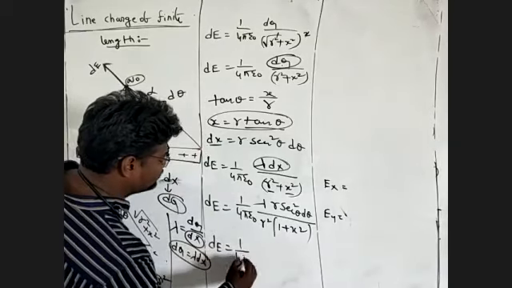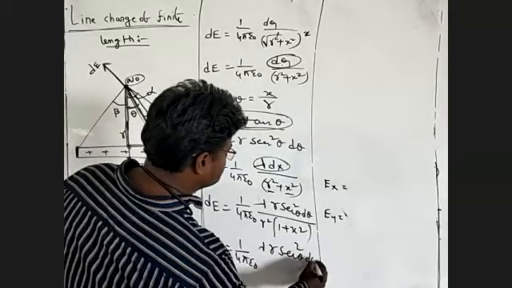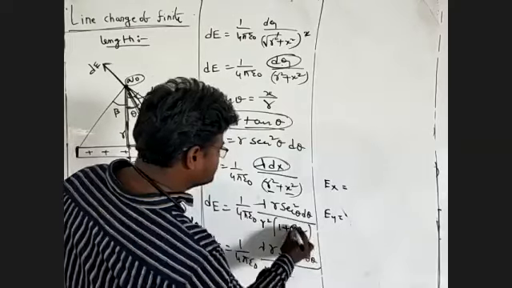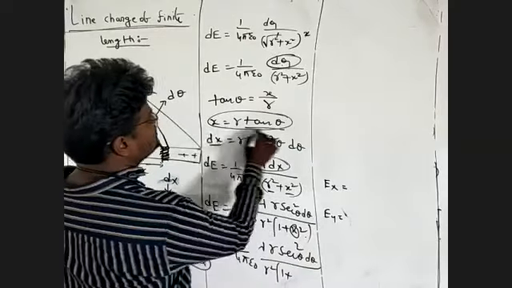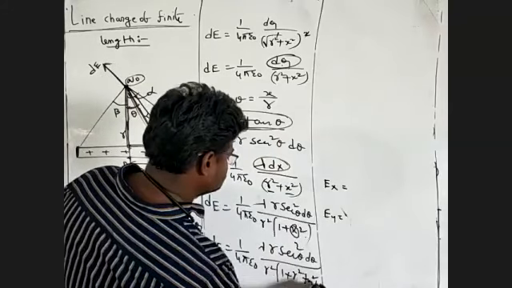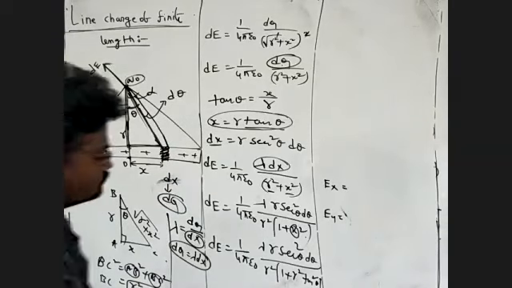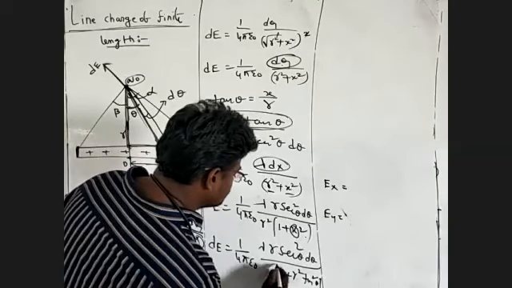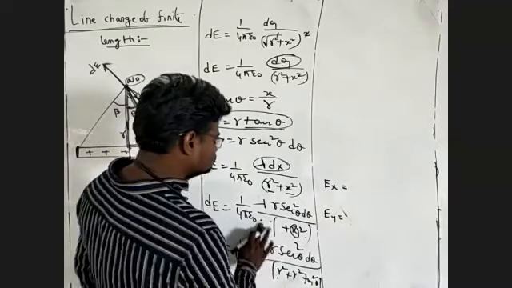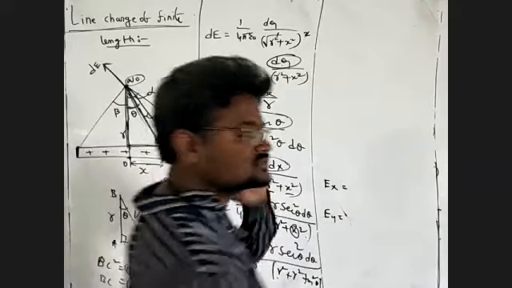dE is equal to 1 by 4 pi epsilon naught lambda r secant square theta d theta by r square and 1 plus x square by r square. X square means this is r square tan square theta, so take r square common: r square plus r square tan square theta.